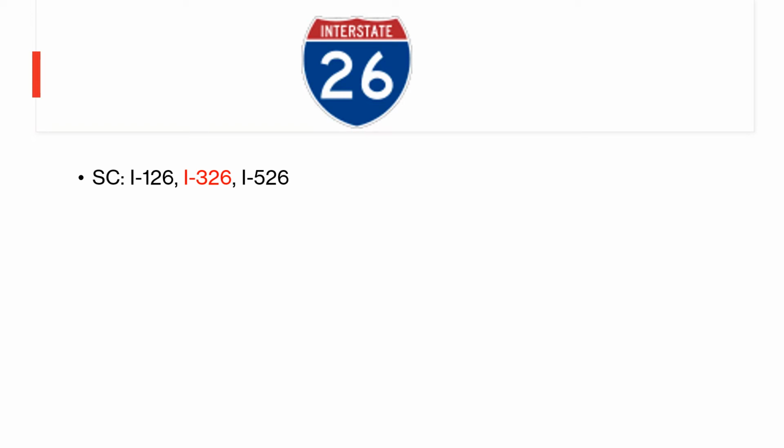Now, 326 is a former three-digit interstate, which is now part of I-77. And another interesting fact, 526, even though it might be a little bypass route around Charleston, South Carolina, it has both ends with US 17. It only meets I-26 once.